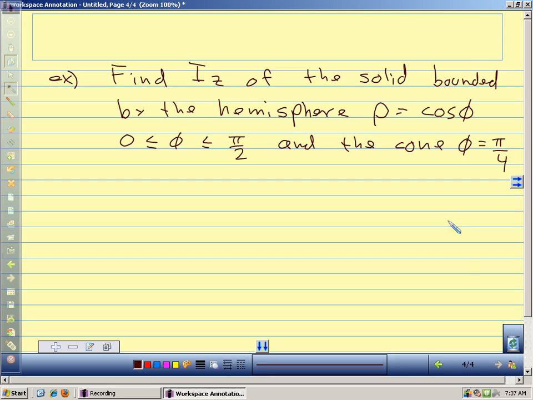This is the same cone that we had in our last example, phi equals pi over 4. If we sketch this out, rho equals cosine phi gives me a hemisphere like so, and our cone goes up like this. Do you know the radius of the hemisphere?